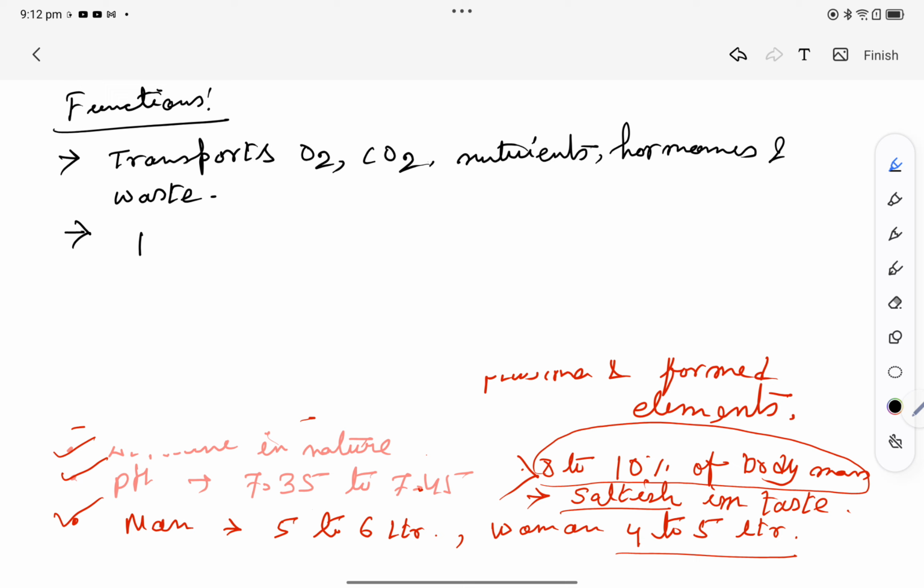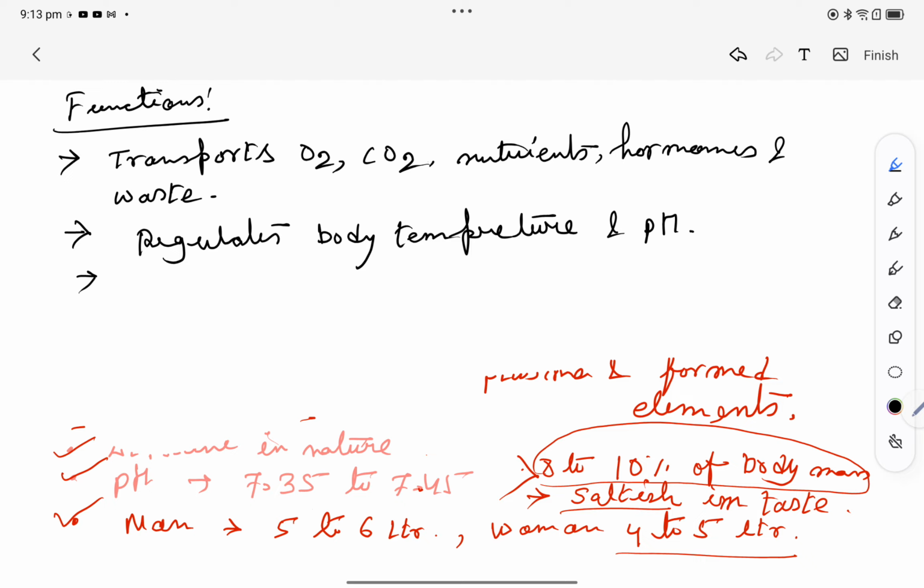Blood regulates body temperature and pH. And obviously, it defends our body against diseases.